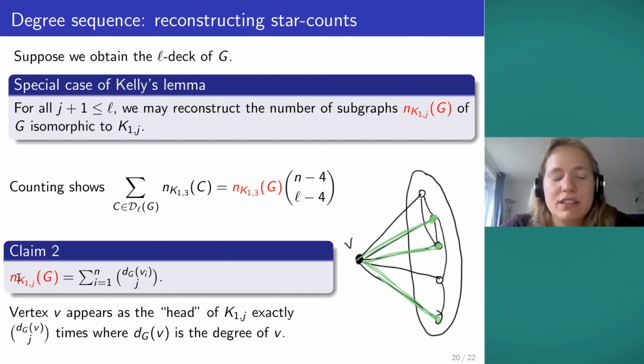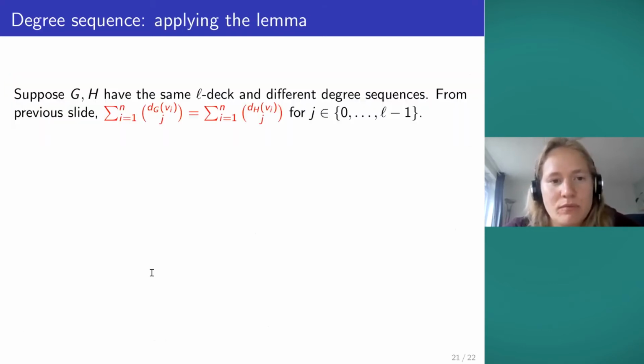And then that means that the number of subgraphs isomorphic to the star actually gives us this sum of binomial coefficients that we were able to say something about, where these degrees are something that we want to know. We want to get the degree sequence.